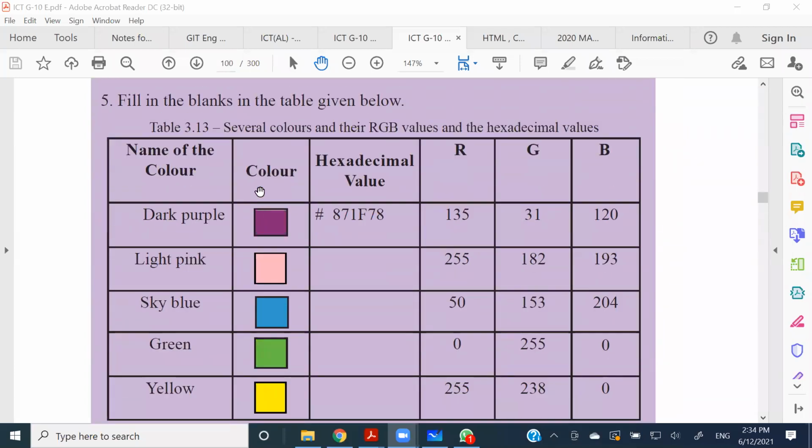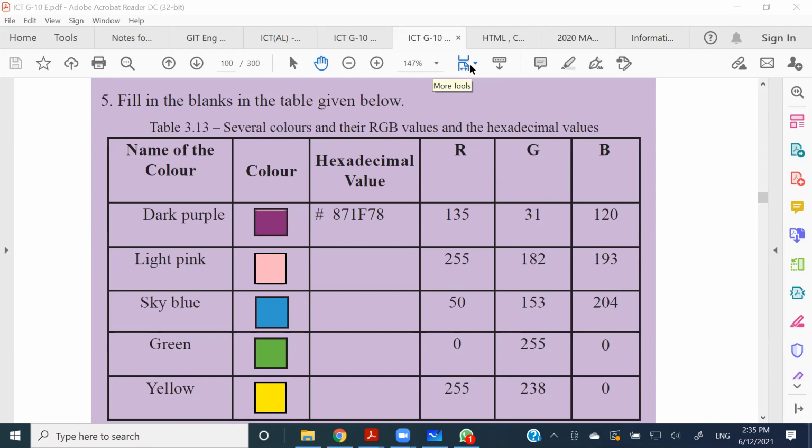right? So what they are trying to say here is, it has the colors, right? And to represent the colors, they use hexadecimal values. And these RGBs stand for red, green, and blue.